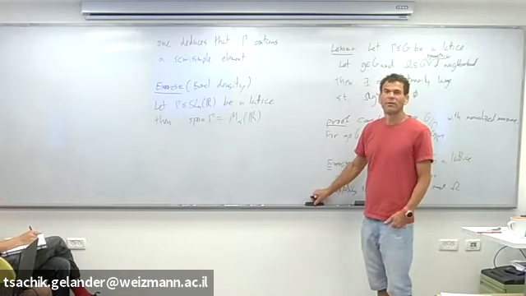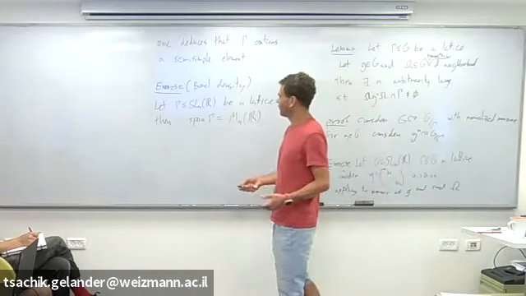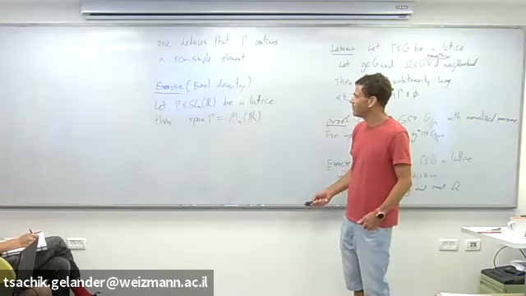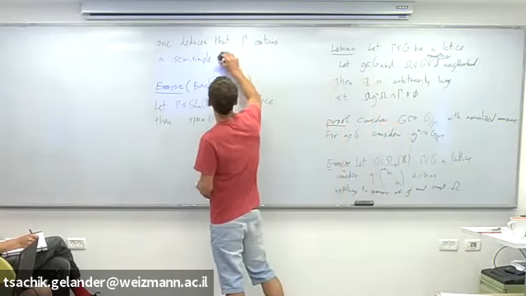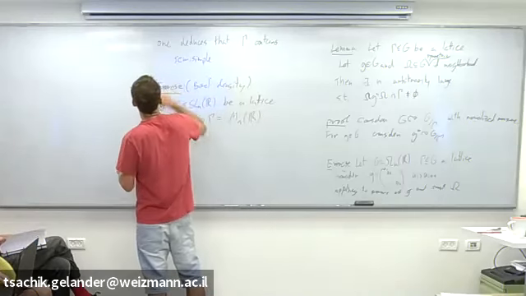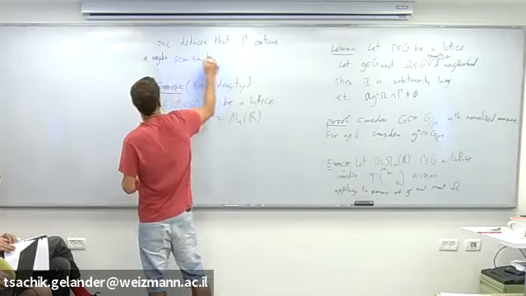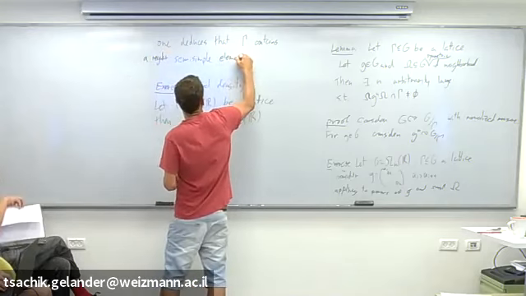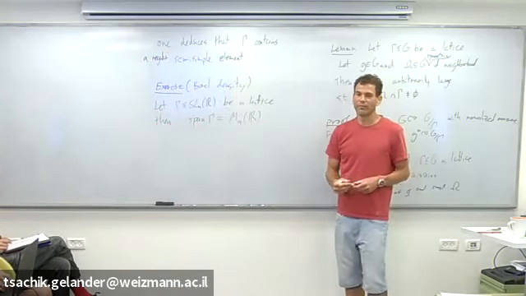Tsachik, what is the definition of semi-simple element? A semi-simple element is an element such that, semi-simple, or I want not just semi-simple but even regular. Semi-simple in SL_n means that it's diagonalizable.